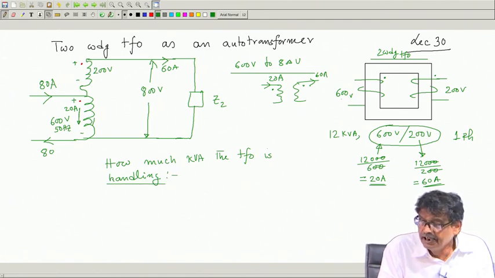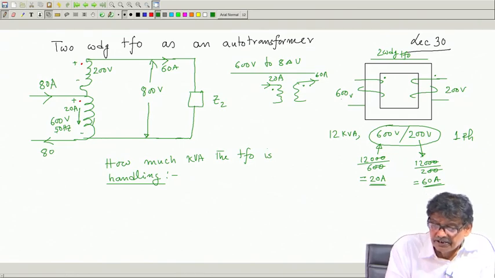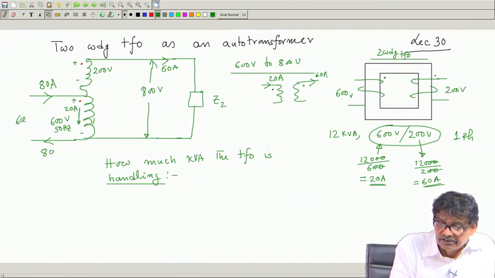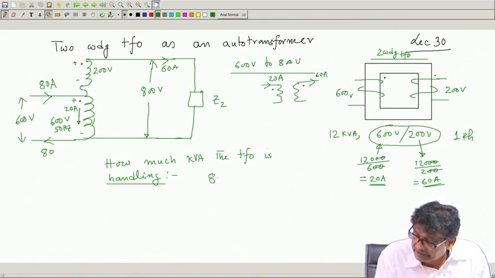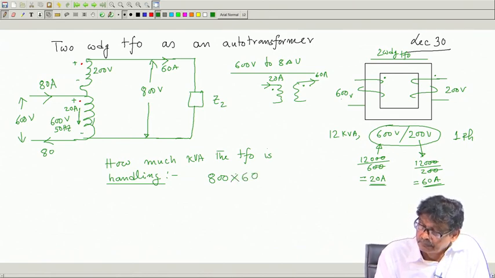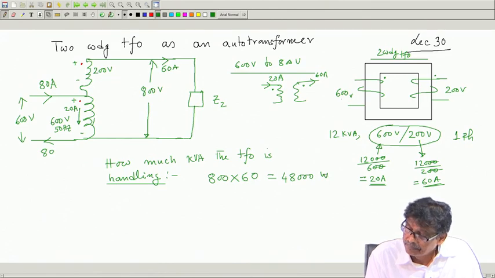How much kVA it is supplying to the load, or how much kVA it is drawing from the source, this is source. How much kVA it is delivering? 800 into 60, and that is 48,000 watt, that is kVA.